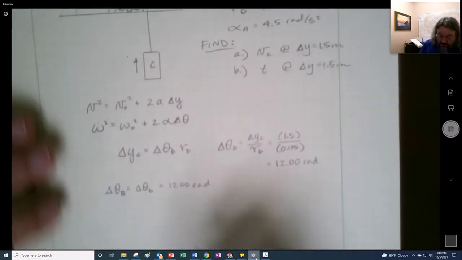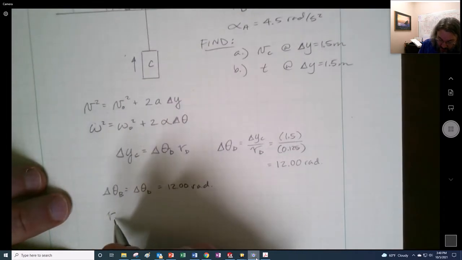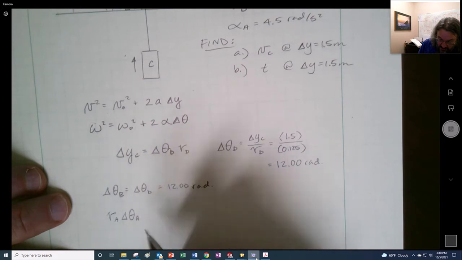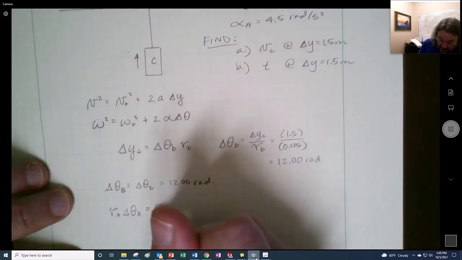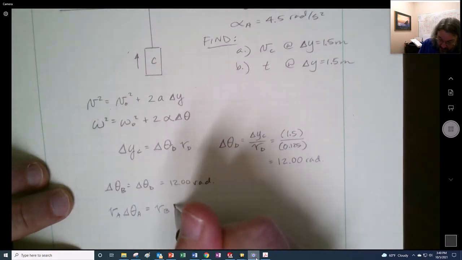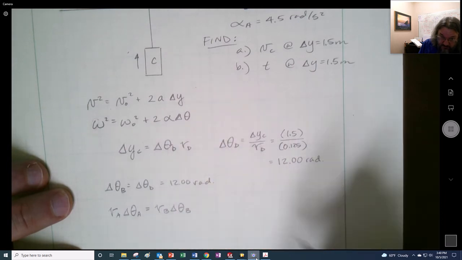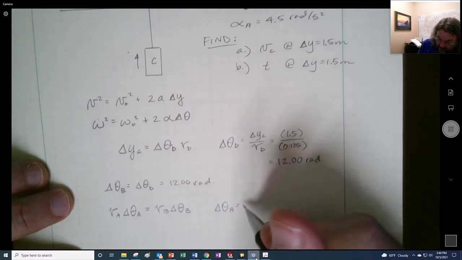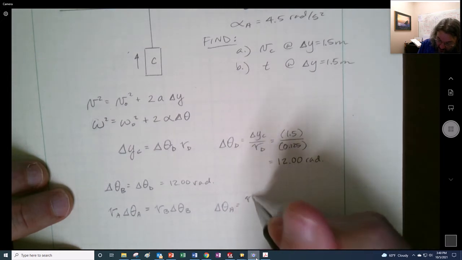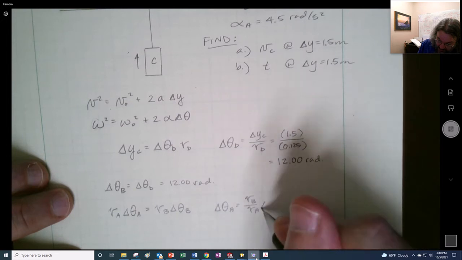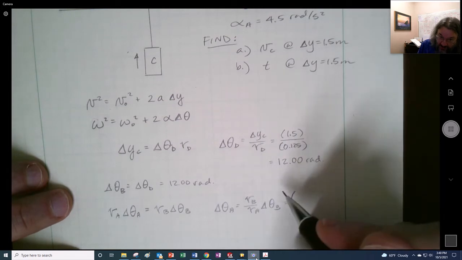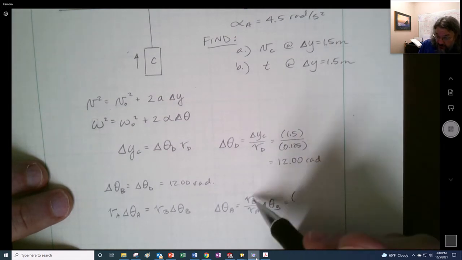So we can say R_A times delta theta A is going to be equal to R_B delta theta B. So delta theta A is going to be R_B over R_A times delta theta B. We don't have to turn these into meters because they're just a ratio.